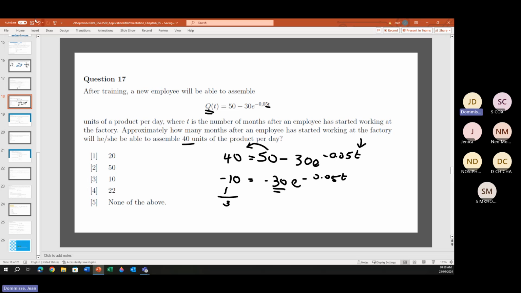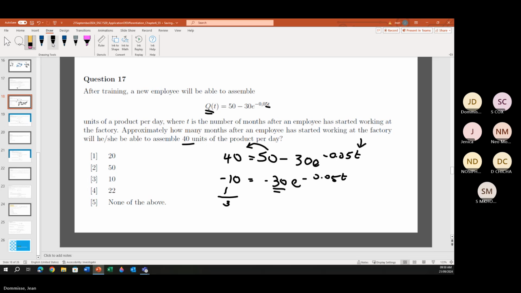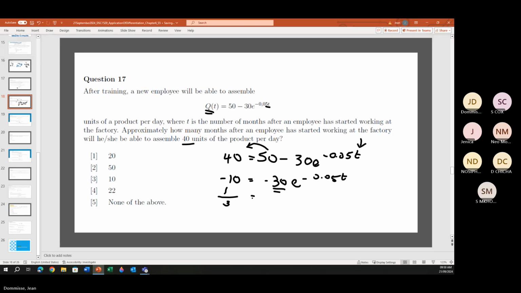So we can take that away. e to the power of minus 0.05t. Okay, so now it's more around what we did in chapter 3, I think, where we actually now need to work out an e function.